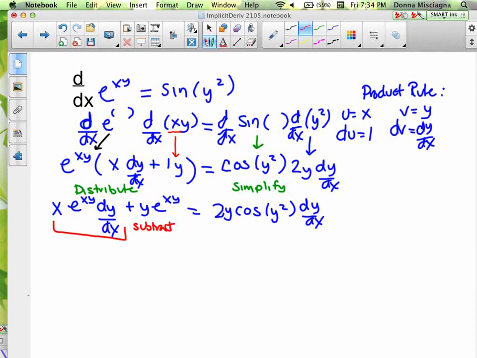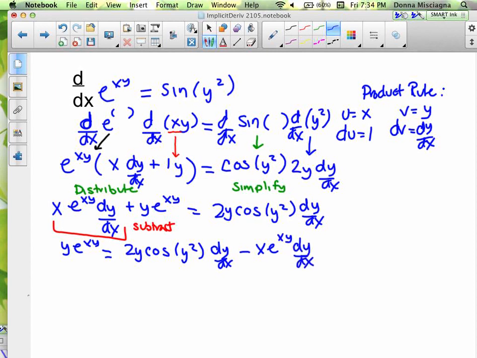We'll subtract that from both sides, and on the left-hand side here we have ye to the xy. On the right-hand side we have 2y cosine y squared dy dx minus x e to the xy dy dx.